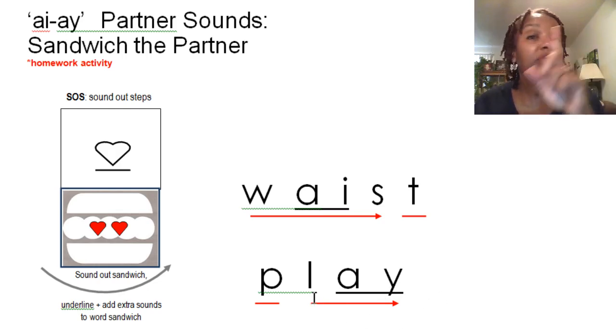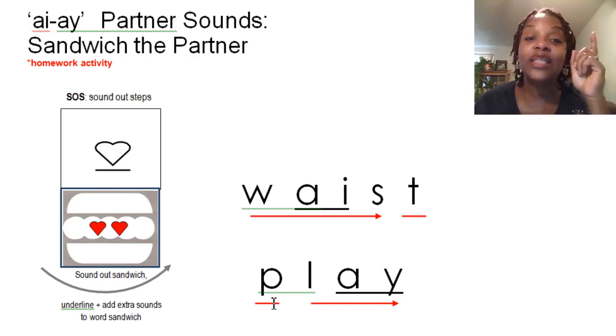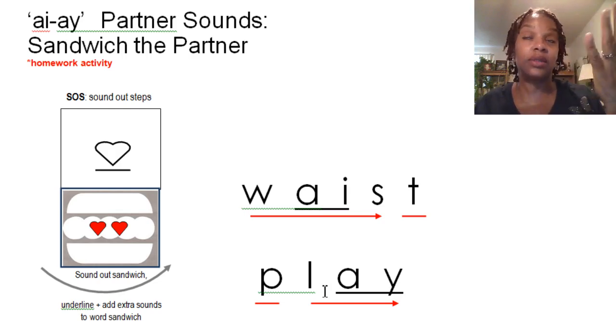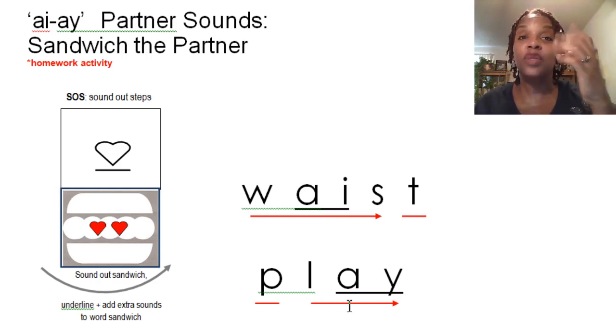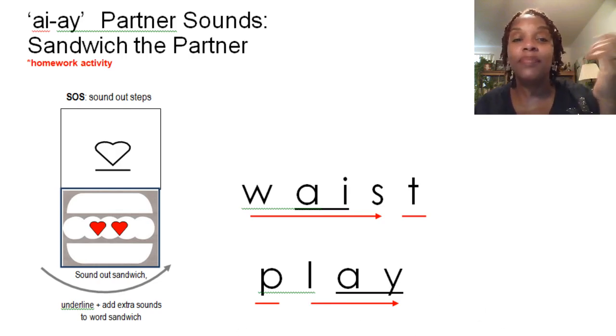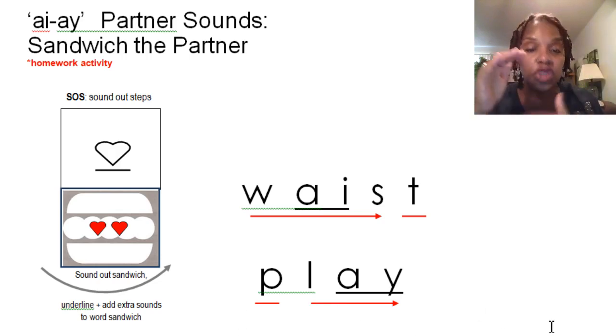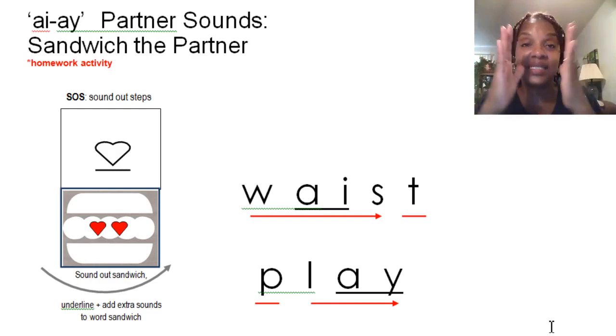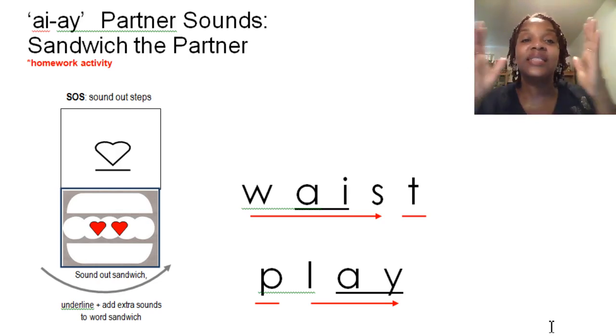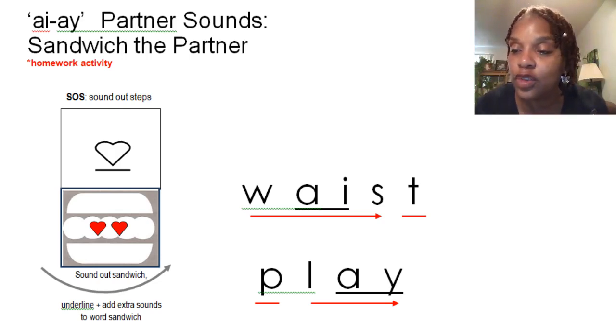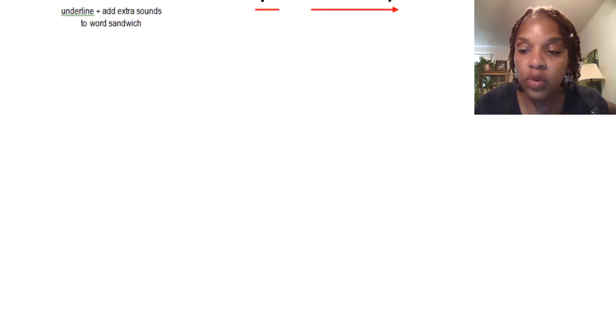So you're going to sound out the sandwich first, which is lay, lay. And then you're going to add that extra sound to the word sandwich, lay. You're going to add p to the lay. So it would be play. Good job, play. So when you get your homework packet, there's a whole sheet of words that you're going to practice. Sandwich, making word sandwich. You're going to sandwich the partner. All right, good job. Moving right along.